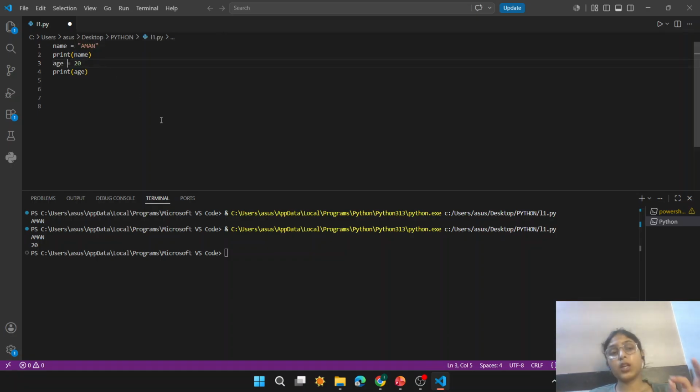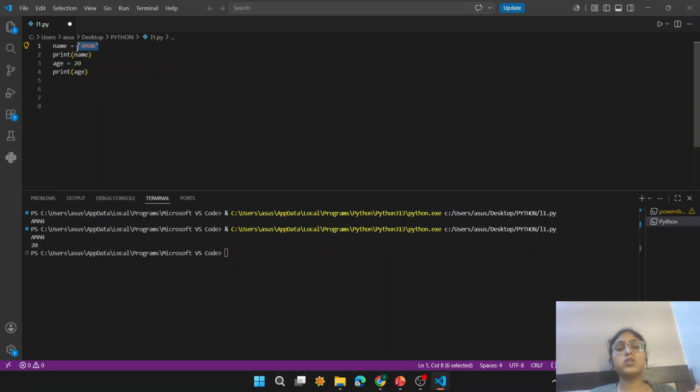Whereas if I'm storing this value inside a variable and using the variable name instead of writing the value, in 20 places, I just update where I have declared the value. If I change the value in this one line to Rahul, it will automatically update, and in all the other 20 places where I have used the name variable, it will give the updated value.